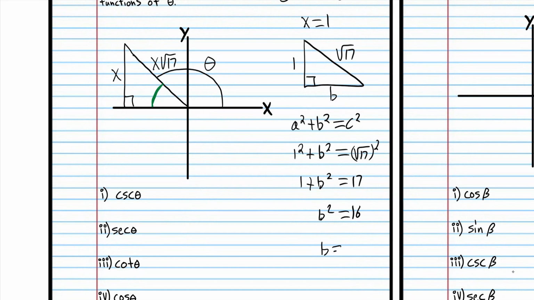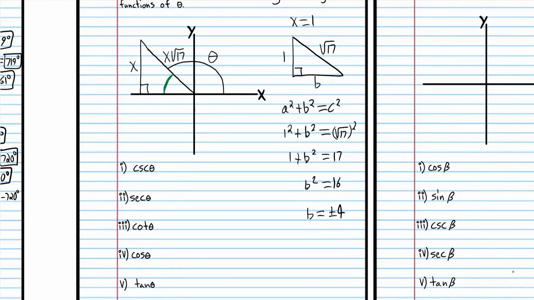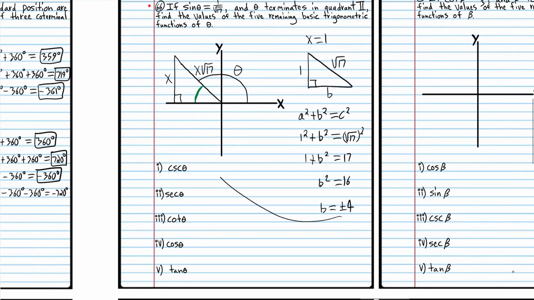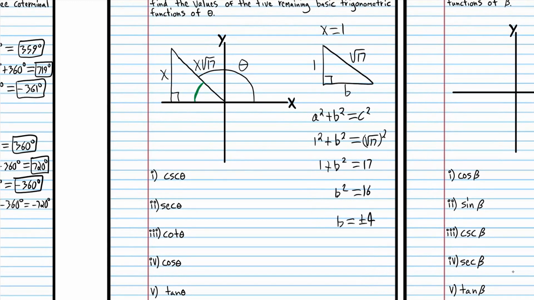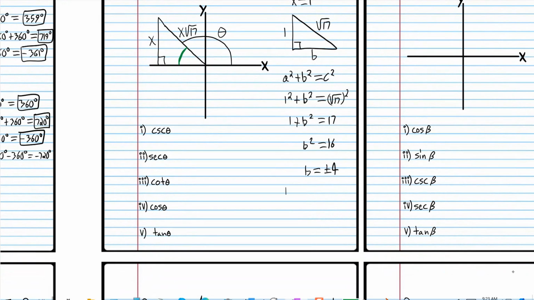Therefore, b is equal to plus or minus 4. We need to know if this side is going to be positive 4 or negative 4. If you look at the triangle, you can see what it's going to be. This side is to the left of the y-axis, so it's going to be negative 4.